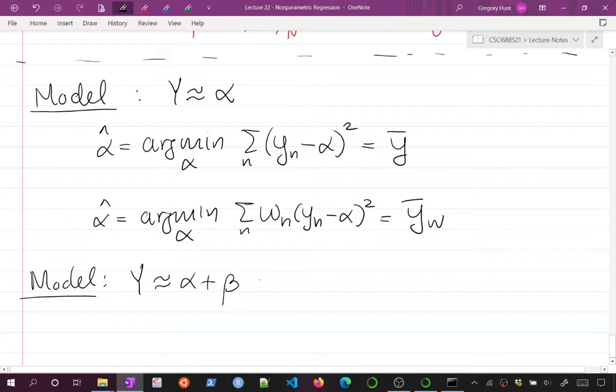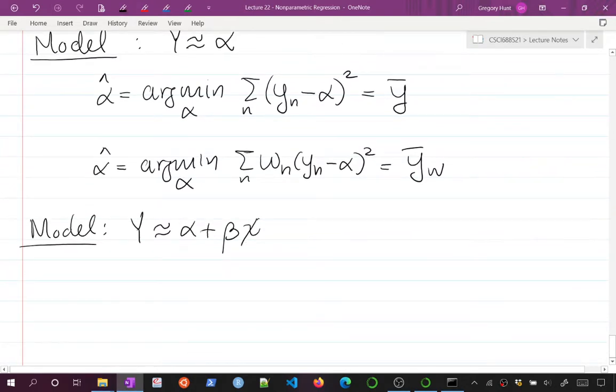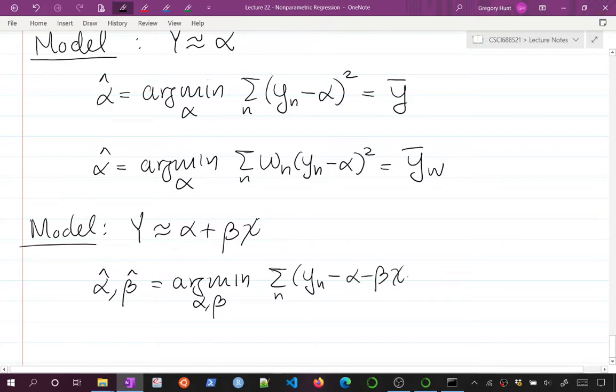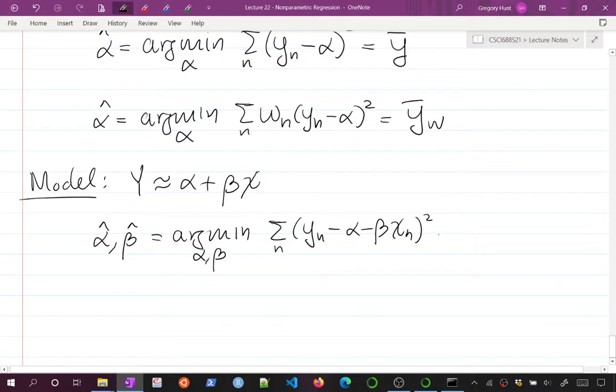Typically, we're used to something like this. Say y is alpha plus beta x, and I could define alpha hat and beta hat, of course, as the minimizers over alpha and beta of my squared loss, right? Yn minus alpha minus beta xn squared, right? And these are going to be my least squares regression estimates. Nothing too surprising there.